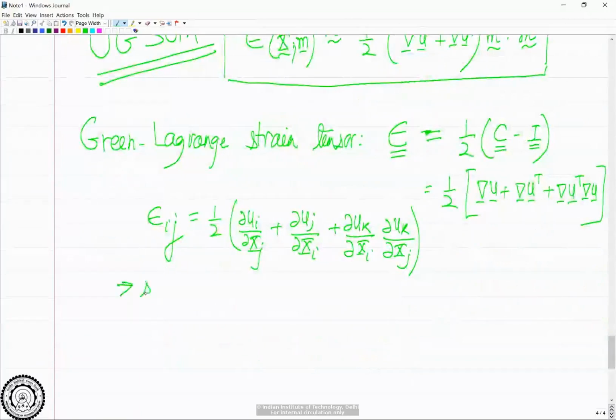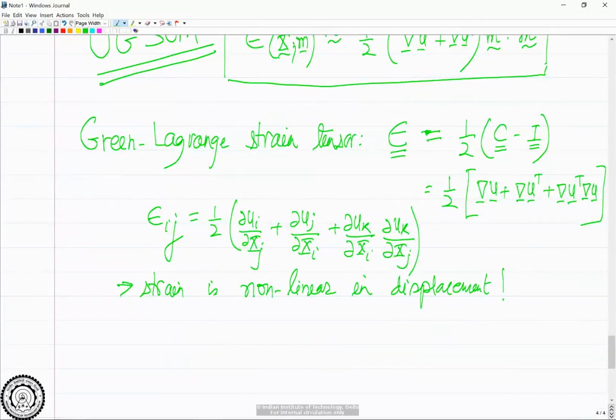And this tells us that strain is non-linear in displacement. So for large deformation, this strain definition is non-linear in displacement because of this quadratic term here. This makes it non-linear. And this quadratic term is neglected in your second year UG solid mechanics course.